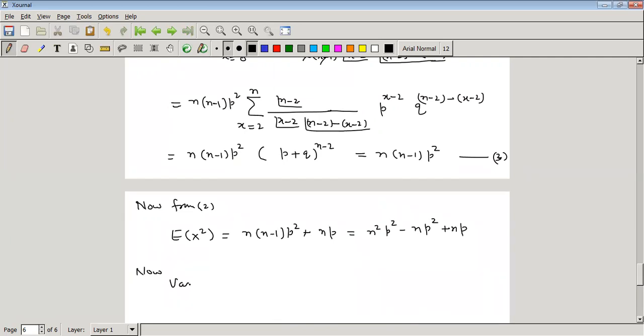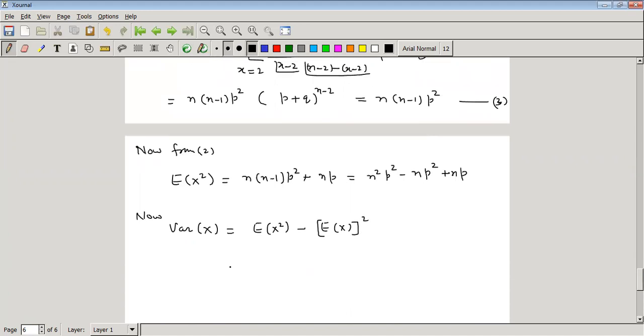Now variance of x, that is expectation of x square minus expectation of x whole square. Expectation of x square is equal to n square p square minus np square plus np, minus expectation of x, which is np, whole square.